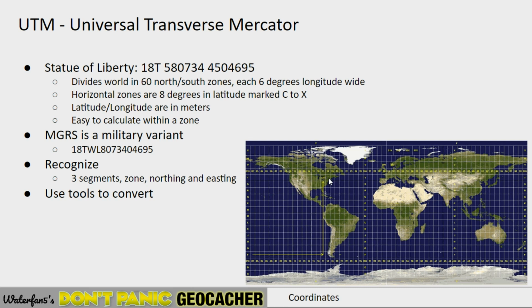So again, the Statue of Liberty would be in the 18T, and then basically it's what they call the northing and the easting of it, which is then the number within that. And that number can be in meters or feet or anything else, but the default is in meters unless otherwise specified.